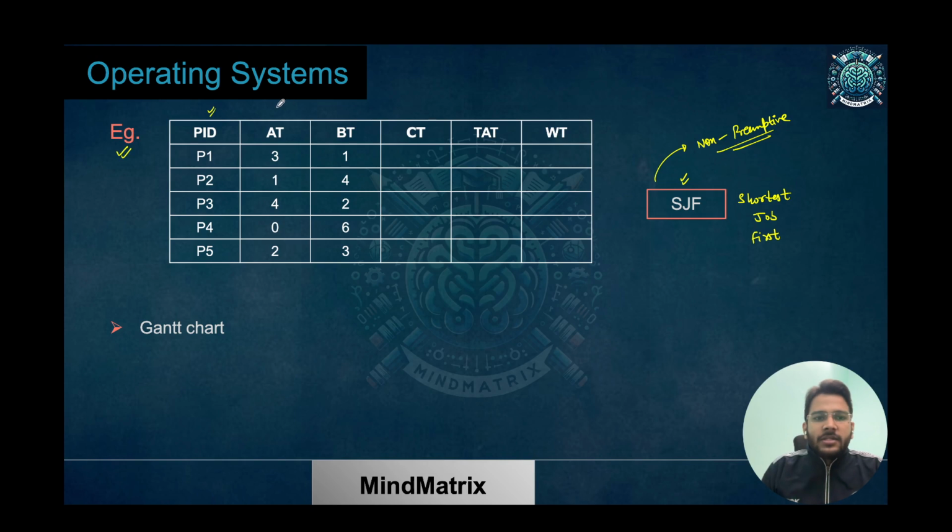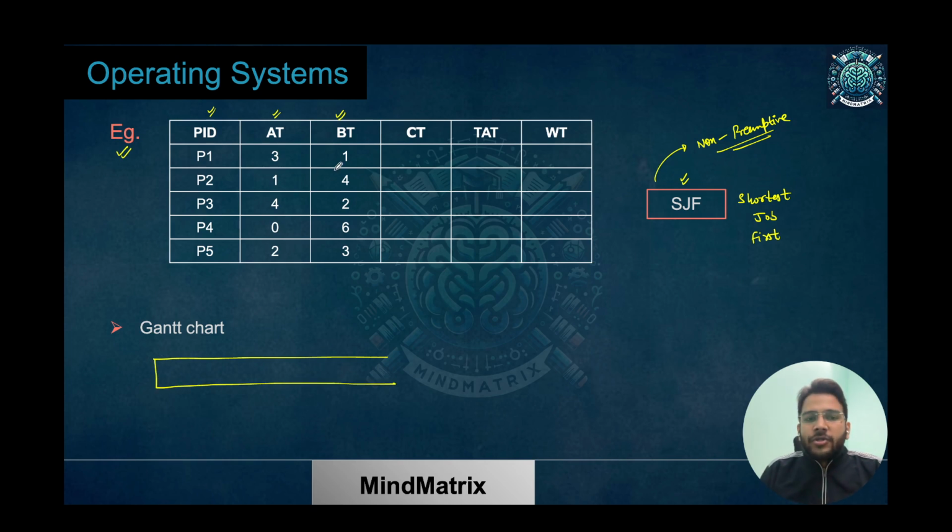These are the processes given. Arrival time and burst time are given to us. Burst time is given in this question just to see how the processes are scheduled, but practically burst times are not given in advance. We don't know how much time a process will take to execute. So let's schedule it now.